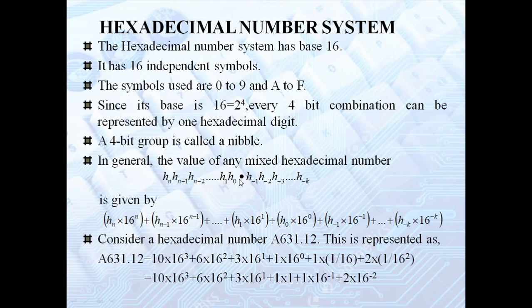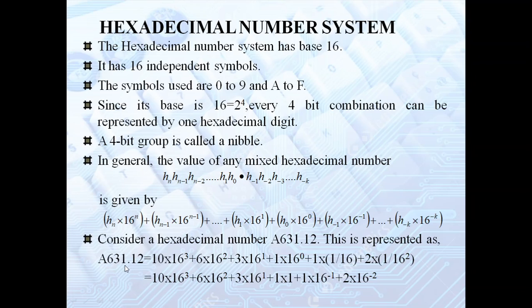And after the hexadecimal point, h suffix minus 1 is the first fractional position and it is multiplied by 16 power minus 1, and h suffix minus 2 will be multiplied by 16 power minus 2, and it goes on. In hexadecimal, its weights are expressed as a power of 16. Consider a hexadecimal number A631.12.